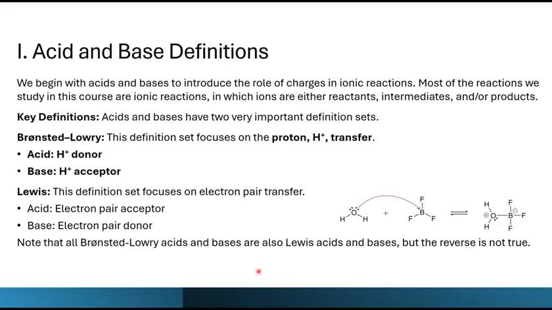In other words, there is no proton transfer in this example here, but it's still a Lewis acid-base reaction. We're going to focus primarily on Bronsted-Lowry, but we'll see Lewis as the semester progresses. For now, let's just focus on Bronsted-Lowry definitions.